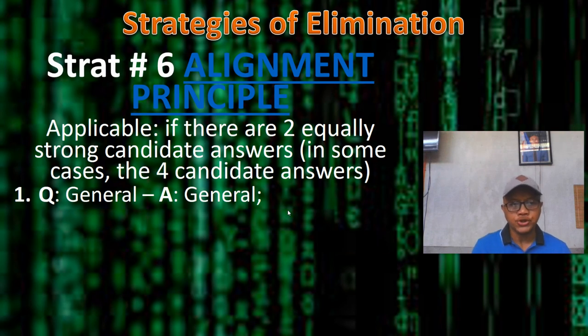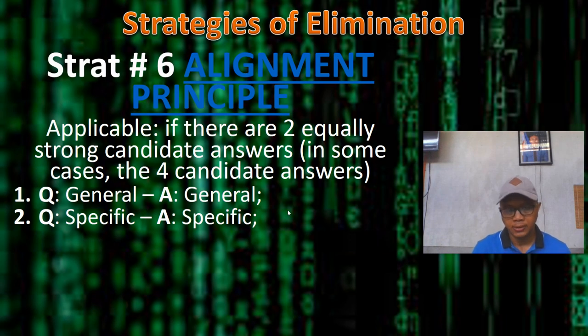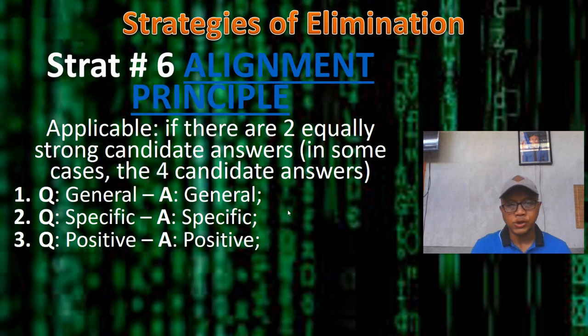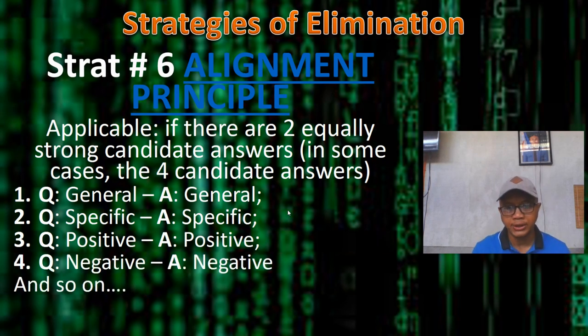If the question is general, the answer should also be general. If the question is specific, the answer also is specific. If the question is positive, the answer is positive. If the question is negative, the answer is negative, and so on and so forth.